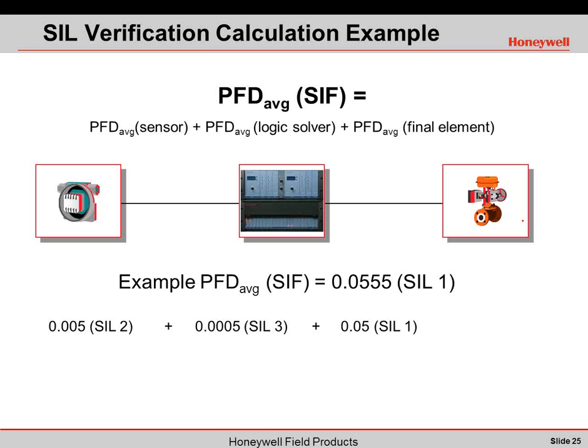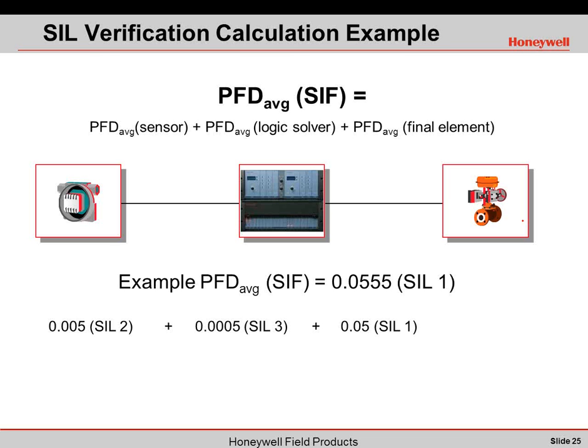When you get one of these devices, it'll have a certificate that comes with it that says it is certified by TUV and what the particular SIL level is. So for a given SIL level, for example, for the sensor, our probability of failure is 0.005. And for the logic solver, it's 0.005, which would be a SIL 3 rating. 0.005 is our SIL 2 rating. And then you'll notice the valve actually has the lowest SIL rating, with a 95% reliability in this case.